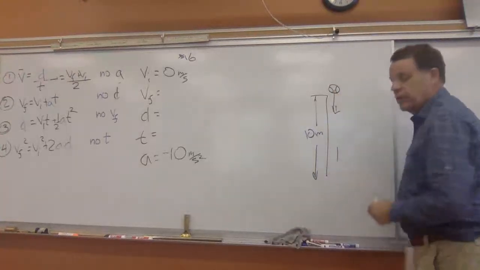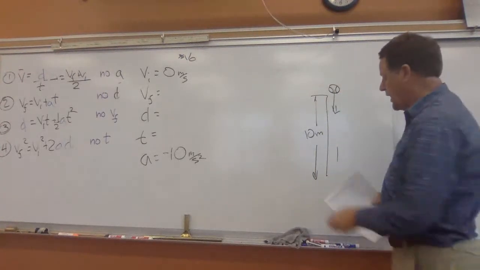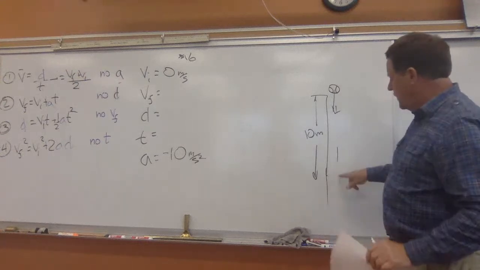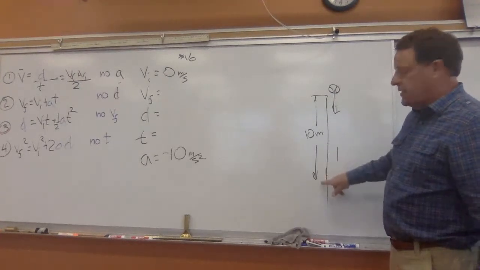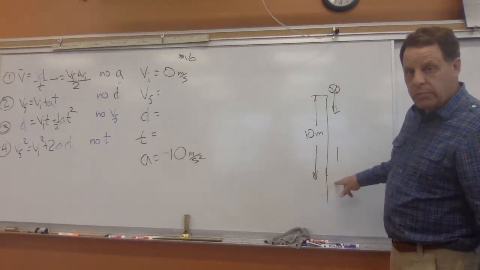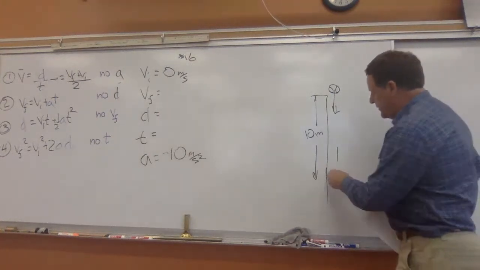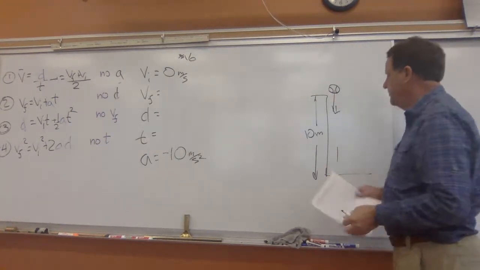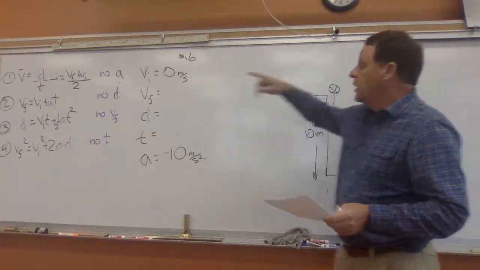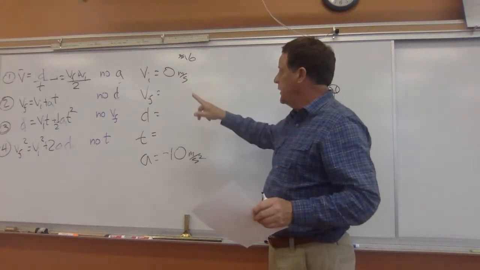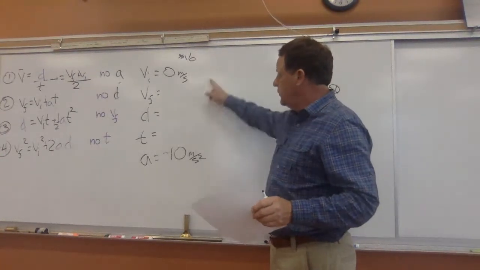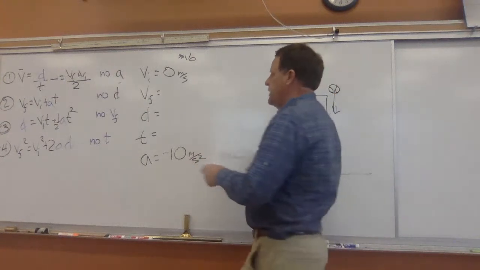If you think of the ground not even being there, okay, it was a higher cliff, and it just passed the 10-meter mark, how fast would it be going? And that's essentially the same question. Okay, so now we know some variables. We know the initial velocity is 0. We know the acceleration is -10.